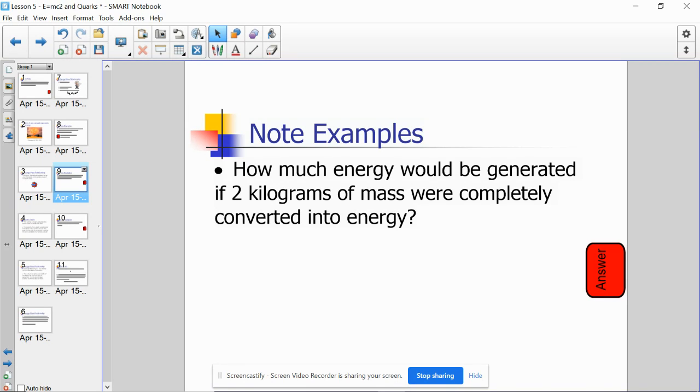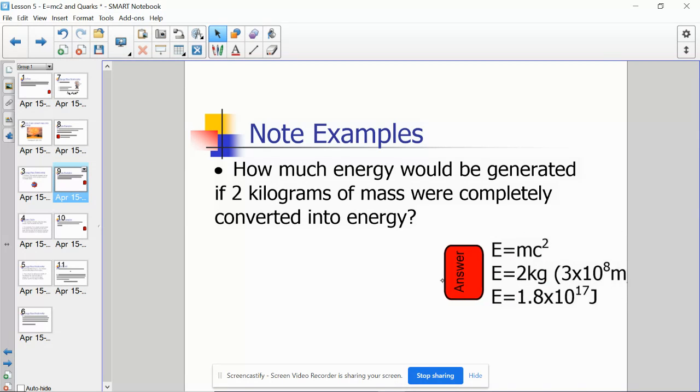It's also good to know that only a small fraction of that material actually detonated, so it didn't even detonate a full 2 kilograms, and that caused a tremendous amount of devastation.